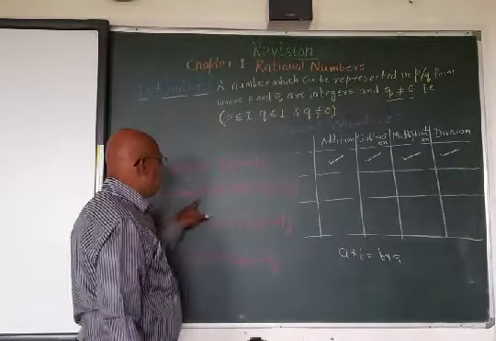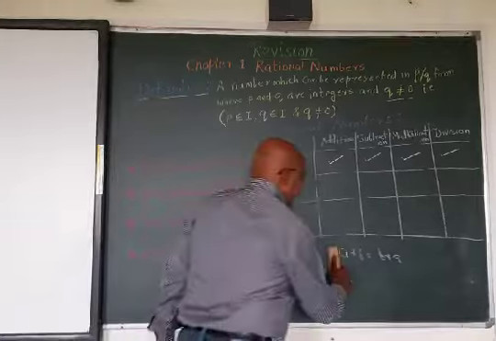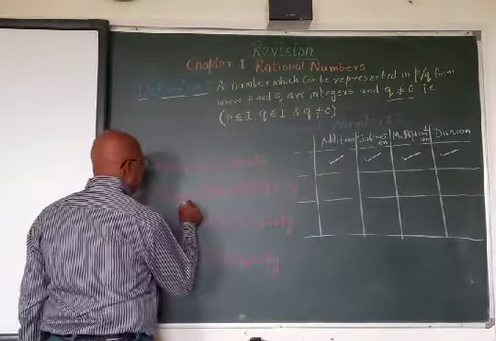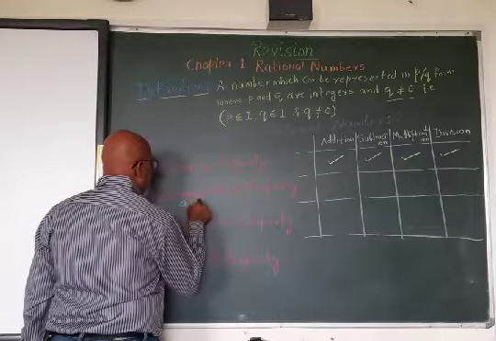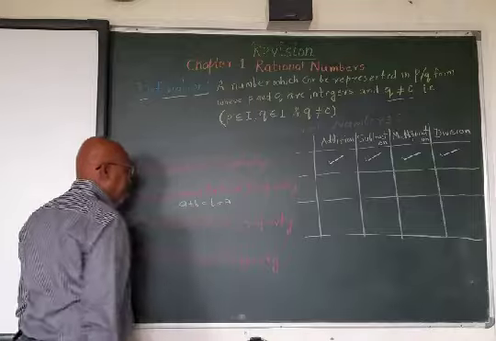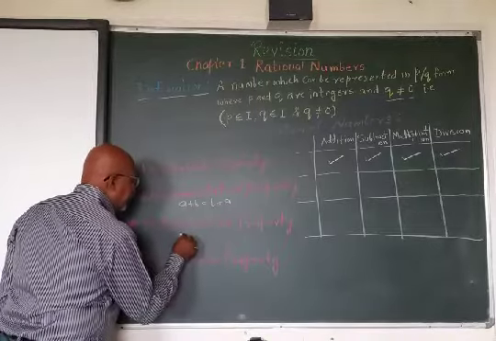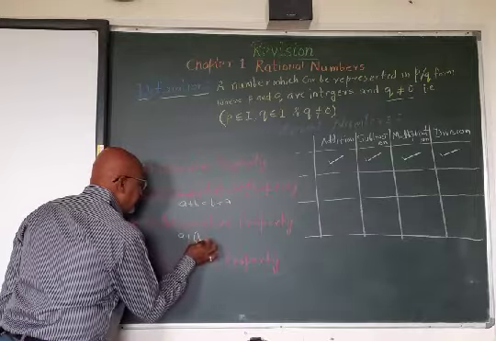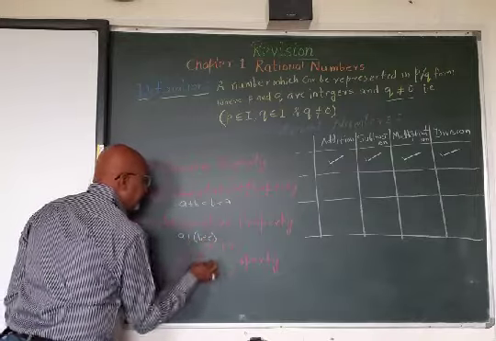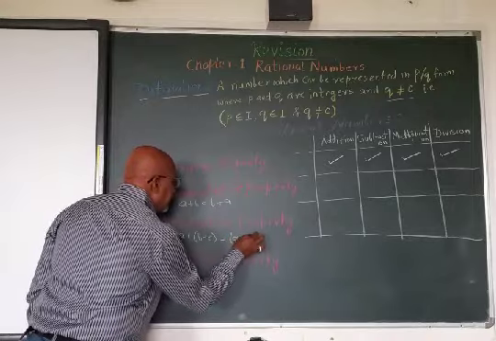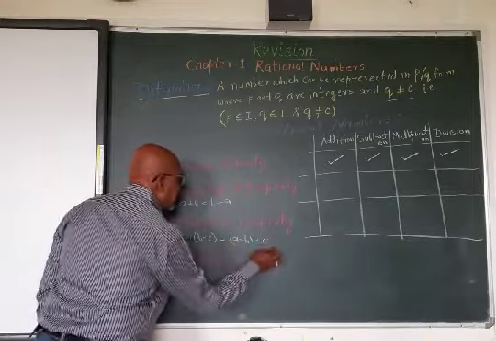This is given in the commutative property. I will write this here under the commutative property: a plus b equal to b plus a. And for associative, it is a plus in bracket b plus c equal to a plus b plus c.